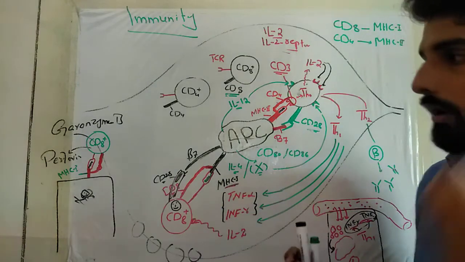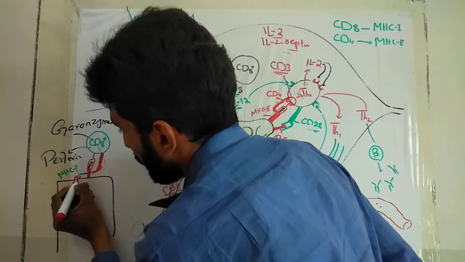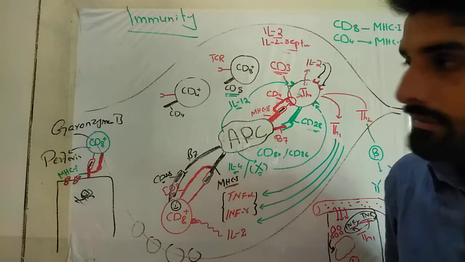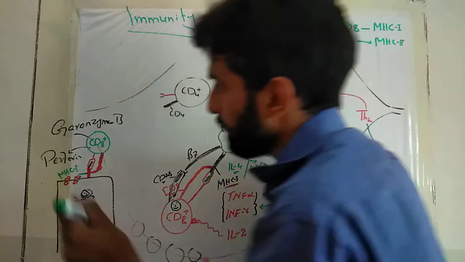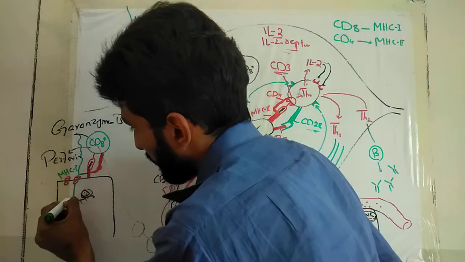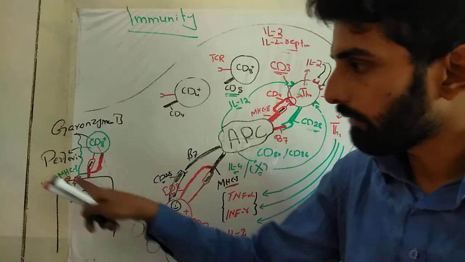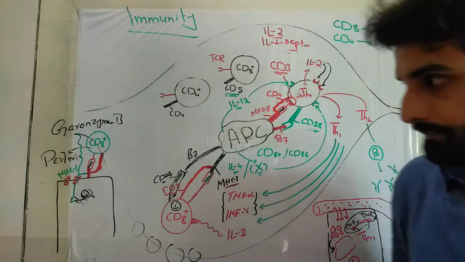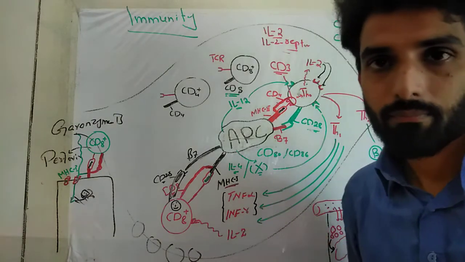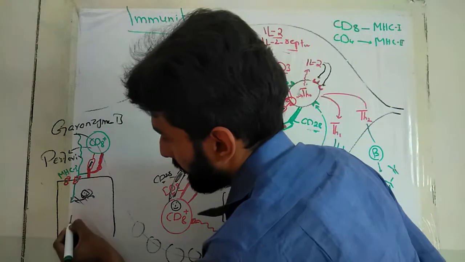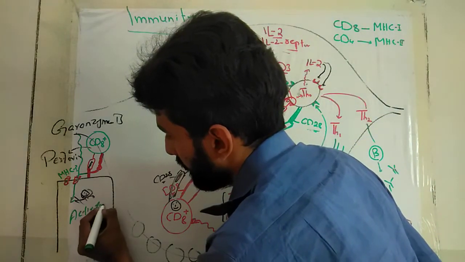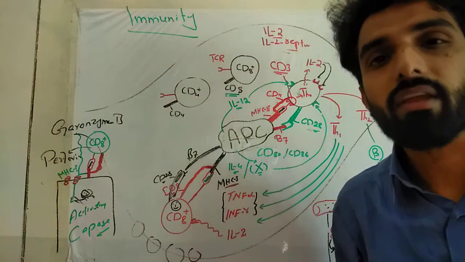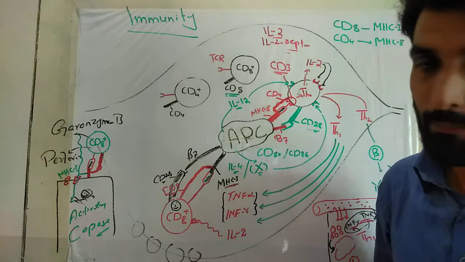Perforin is a small protein that will cause pores in the cell, and this enzyme B will penetrate into the cell with the help of these pores, and it will start the apoptosis process. It will start activating caspases. Caspases are basically proteins that are involved in the process of apoptosis.